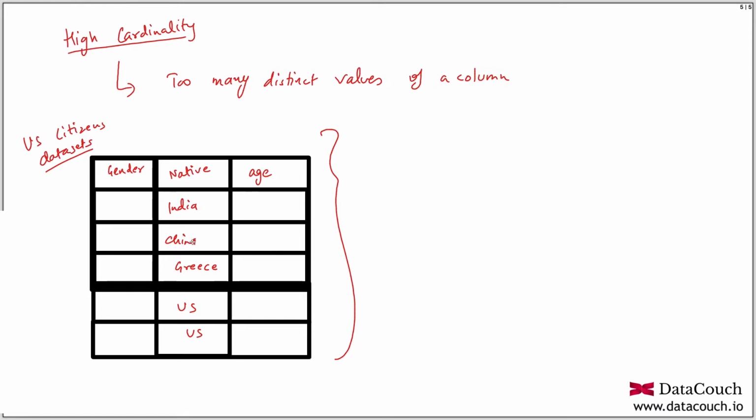Maybe they are giving more visas for the people residing outside United States, so that can be one of the reasons. But for the time being, just understand this example, I'm talking about high cardinality. So here we have so many distinct values, so I want to simplify it.